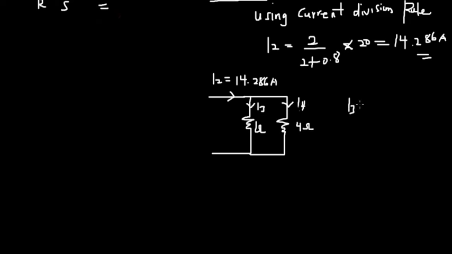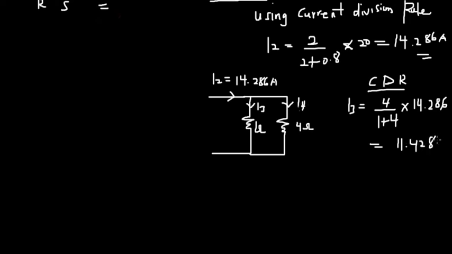In order to find out your I3, using the current divider rule, the CDR, we have 4 divided by 1 plus 4, since we are finding this one, and then multiply by I2, which was 14.286. So when you do the computation, you end up with I3 equal to 11.428 amps.